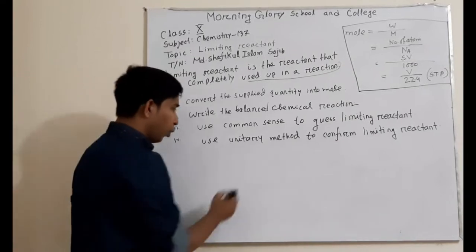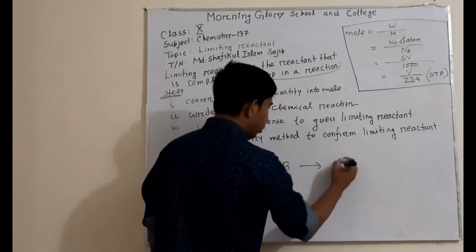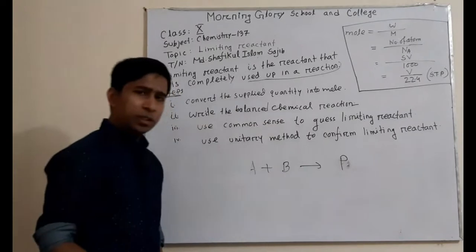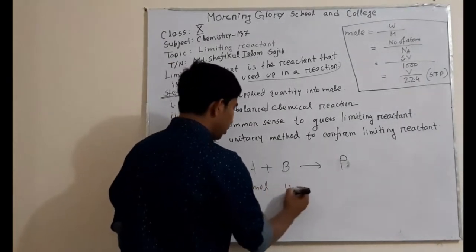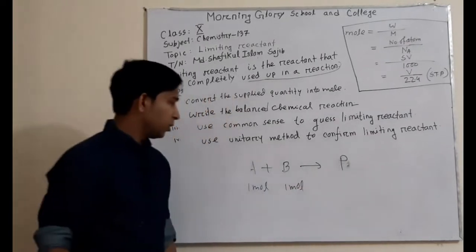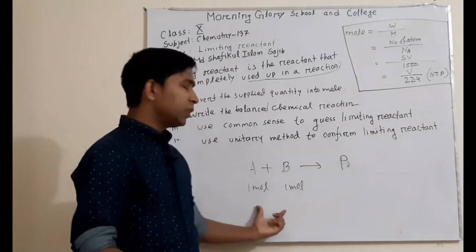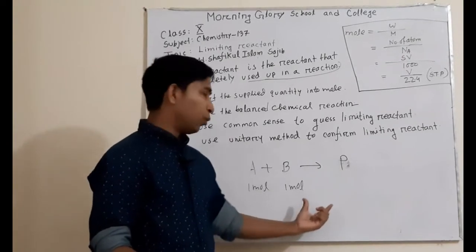As an example, if we have two reactants A and B, and we get product P. Think we have 1 mole A and 1 mole B. That means their amount is equimolar.